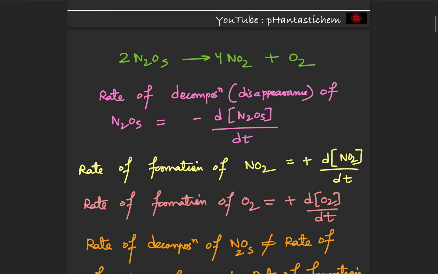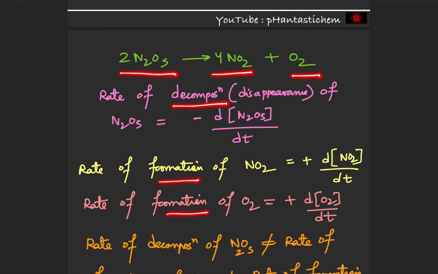Okay, so the reason is because when 2 moles of N2O5 decompose, at the same time 4 moles of NO2 and 1 mole of O2 are produced. So obviously their individual decomposition and formation rates are not equal.